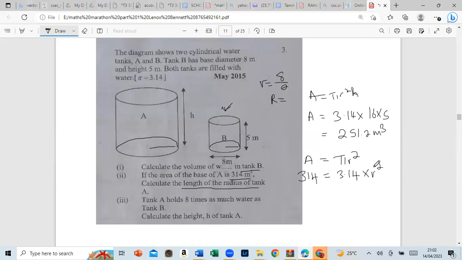So we can divide by 3.14. This is a test of your decimal knowledge. This would give us 100, right?